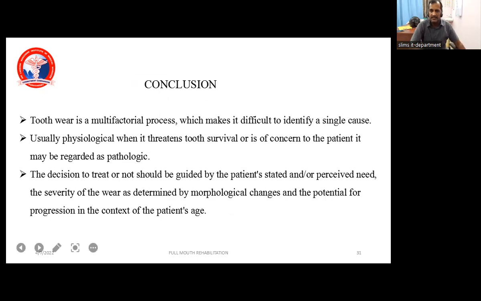It is very difficult to identify a single cause. Usually, physiological wear, when it threatens the tooth survival, or if it is a concern to the patient, can be regarded as a pathological condition.